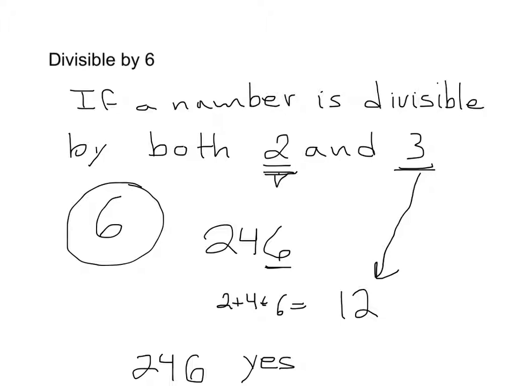Remember the divisibility rule for 3, if you add up all of the digits in the number and the sum of those digits is divisible by 3, then that whole number is divisible by 3. And then if the number you're working with is divisible by both 2 and 3, then it is automatically divisible by 6. That one's a little tricky because it takes two rules. You have to look at another two rules to apply the rule for 6.